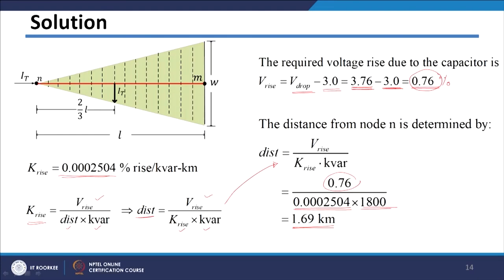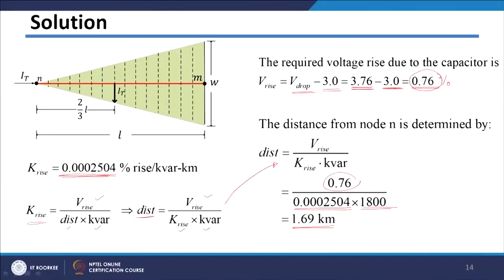Which is getting violated. So, for raising the voltage by 0.76% at the end, we need to put this capacitor, and for that we can use the K rise factor, which is given here, which is 0.0002504% rise per kVAr per kilometer.